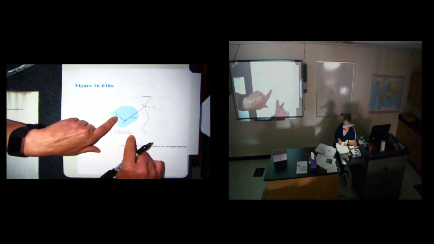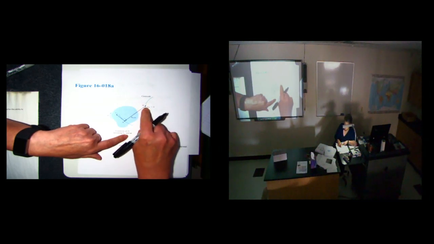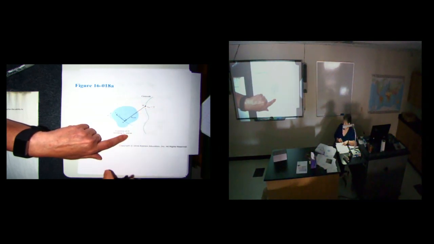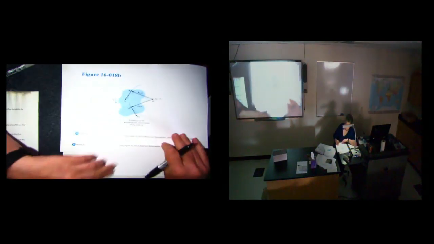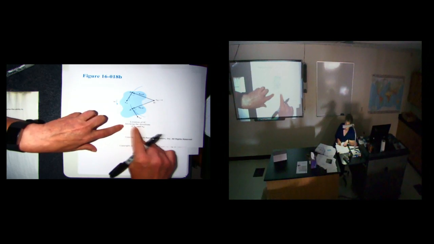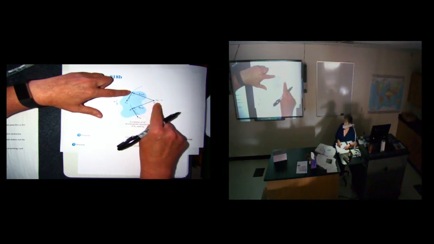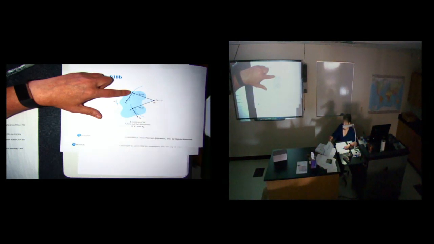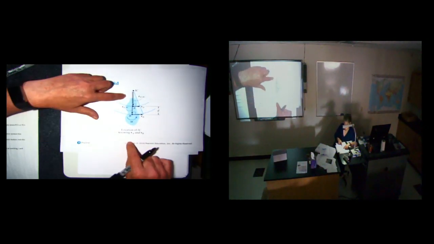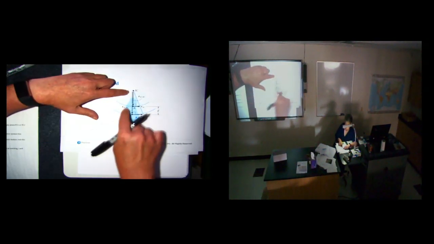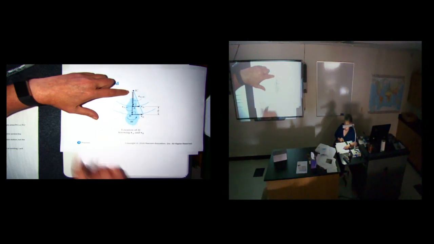Before, we had a gear here. We're back with our gear, and we're going to use this gear again, except with some different numbers, but it's that same configuration.